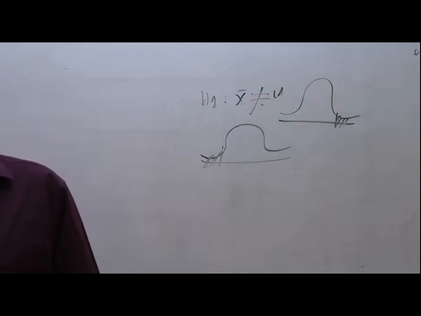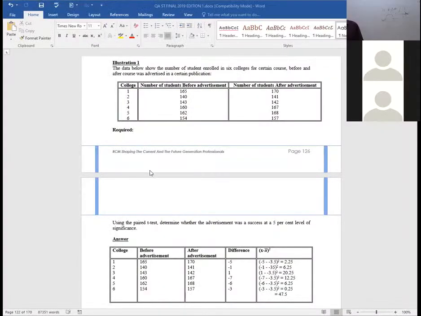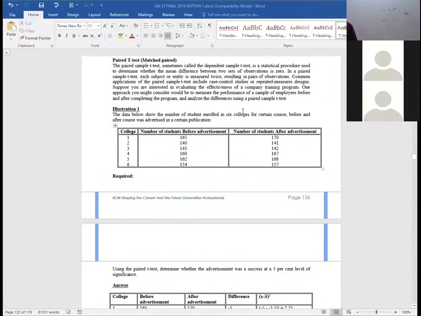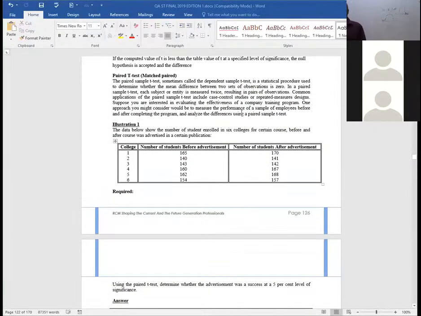So I would want us to look at the paired hypothesis. The paired t-test, matched pairs. The paired sample t-test, sometimes called the dependent sample t-test, is a statistical procedure used to determine whether the mean difference between two sets of observations is 0.